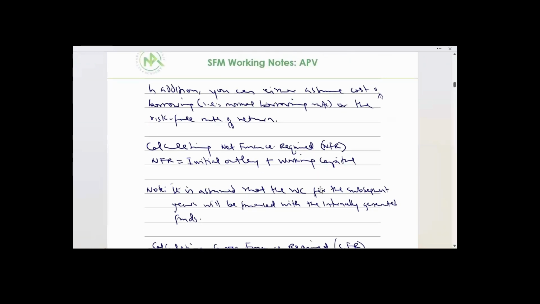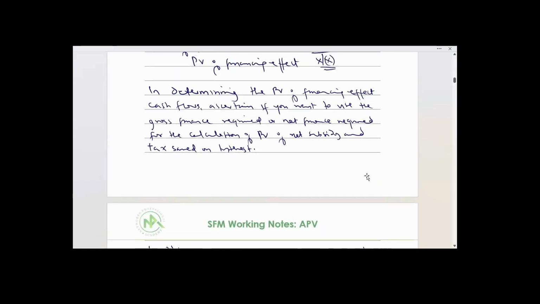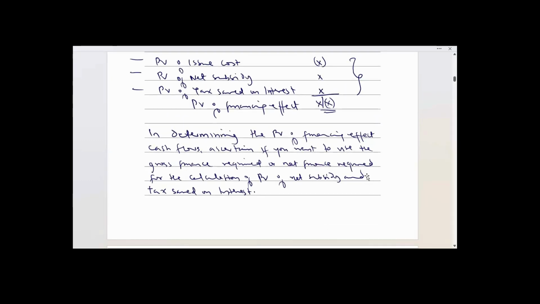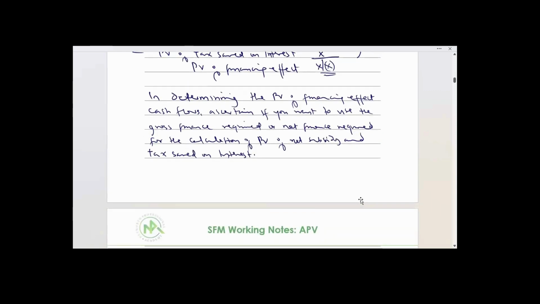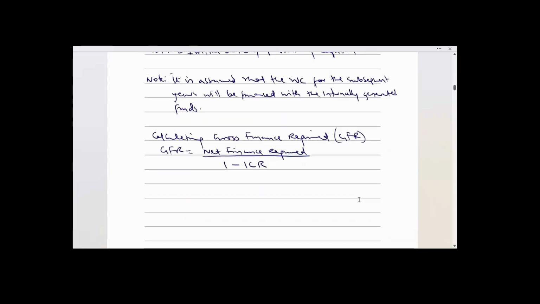So these are all what we have just been discussing for the past 5 minutes or thereabout. They are just elementary. We have not even started calculating the PV of issue cost itself, PV of subsidized loan or tax saved on interest.